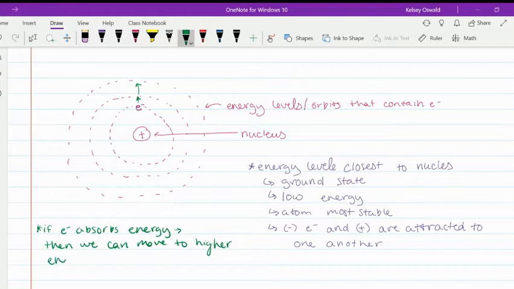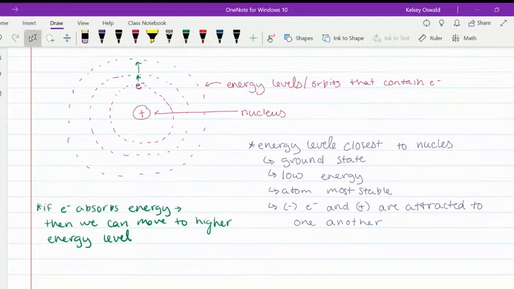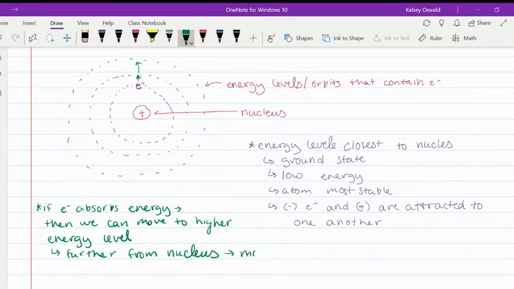And the farther we get away from that nucleus, the less stable our electron is. The further from the nucleus, the more energy our electron has.